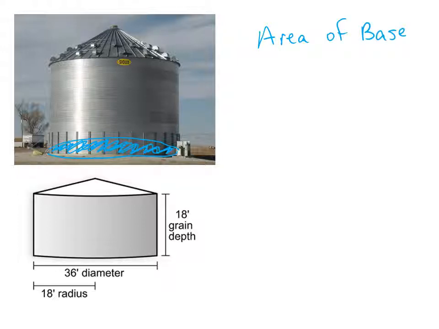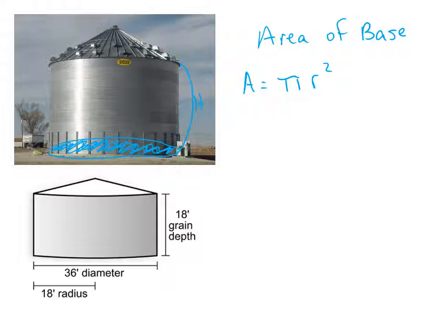In this case, our base is a circle, and so the area of a circle is pi r squared. Later, we will determine the height of the whole bin and multiply our area of the base times the height. That will give us our volume. So for now, let's just figure out the area.